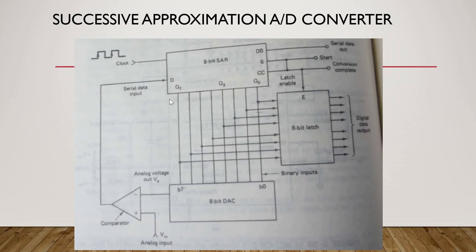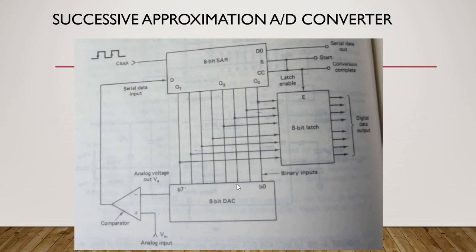So this will be set for the first clock pulse, and the D to A converter then generates the analog equivalent of the Q7 bit. That is, whenever Q7 is high, all the other bits will be 0, meaning it is 1 0 0 0 0 0 0 0. That will be given as the input for your digital to analog converter.